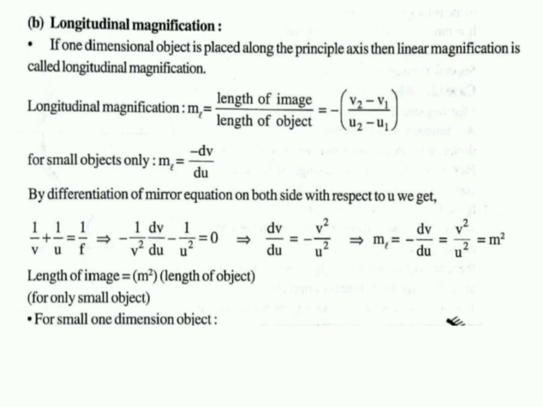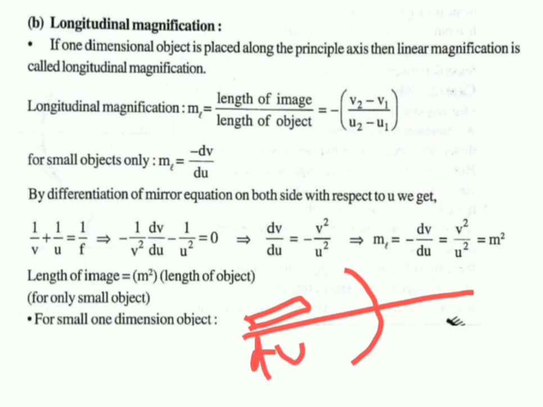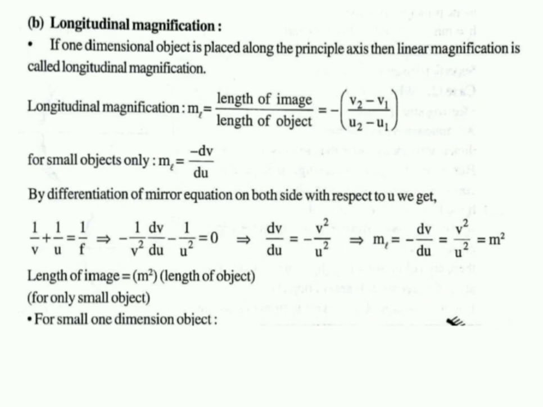Now, longitudinal magnification. Sometimes they give you an object along the principal axis. Say object is placed like this. Length of the object is du for a concave mirror. Then they are asking you to find out the length of image. In such a case, we have to use the formula of longitudinal magnification, dv by du. For small objects, it is applicable.